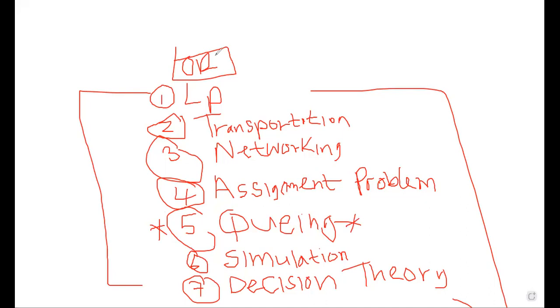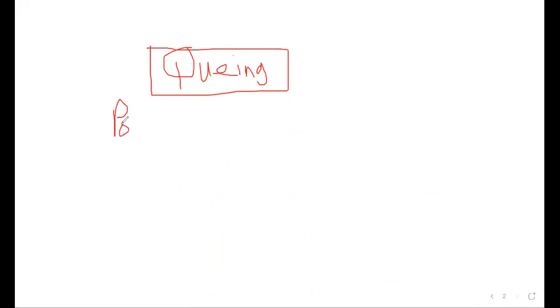All right, so under queuing, in queuing, we look at the probability of queuing, PO. Probability of queuing is equal to average arrival rate over service rate. PO is the probability of queuing.